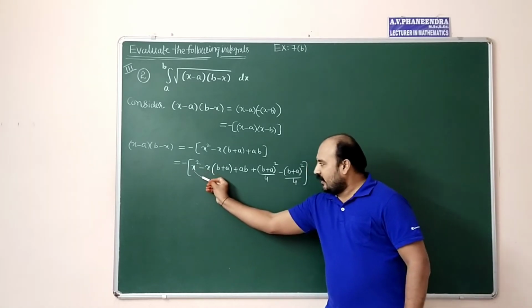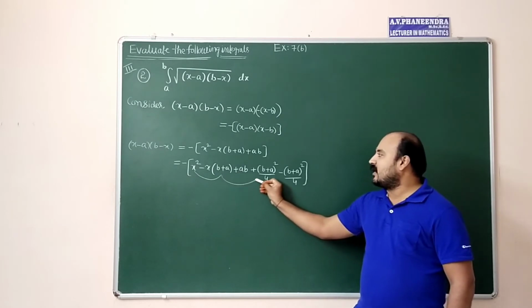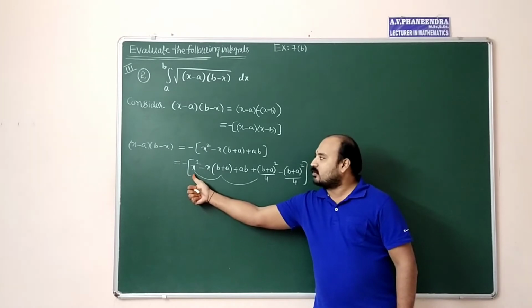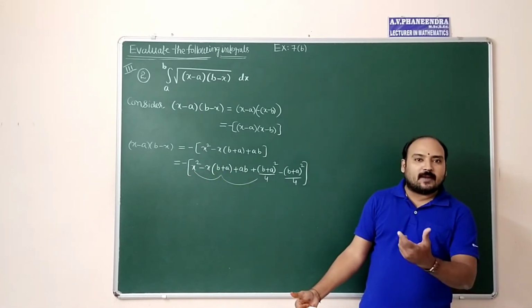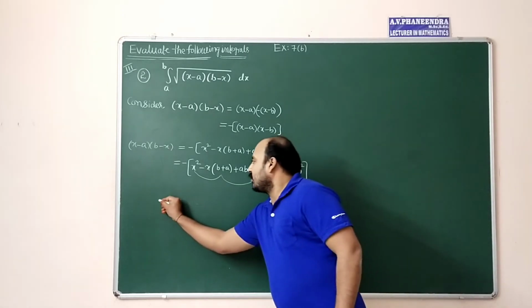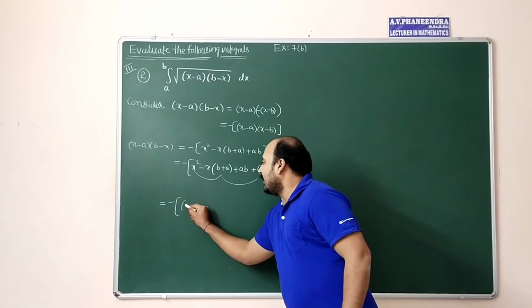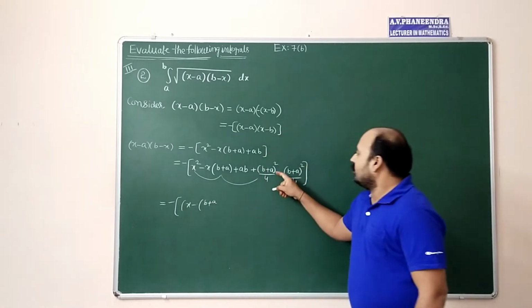Now x square minus x into (b plus a) plus (b plus a) whole square by 4 is in the form of a square minus 2ab plus b square. So it will become (a minus b) whole square expansion, which is equal to minus of ((x minus (b plus a) by 2) whole square.